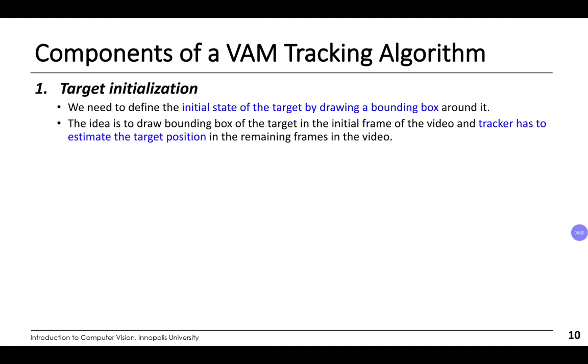But if there is a change in speed of a certain vehicle, and you want to track this car, then you can draw the bounding box in some automated way, and then this car is going to be tracked in the future frames. So this is target initialization.